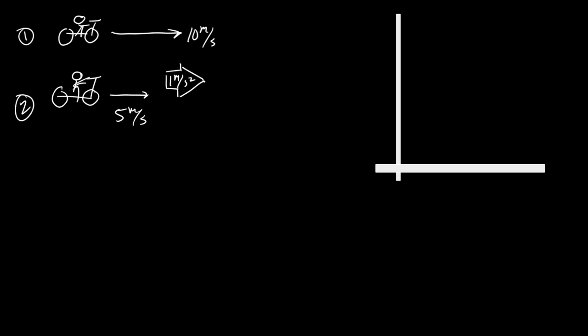Cyclist number 1, traveling at a constant speed, if this is position and time. Cyclist number 2 has half the initial velocity, but is accelerating. The parabola suggests eventually they're going to be at the same place at the same time again. Once you understand that part, this problem kind of falls together pretty fast.